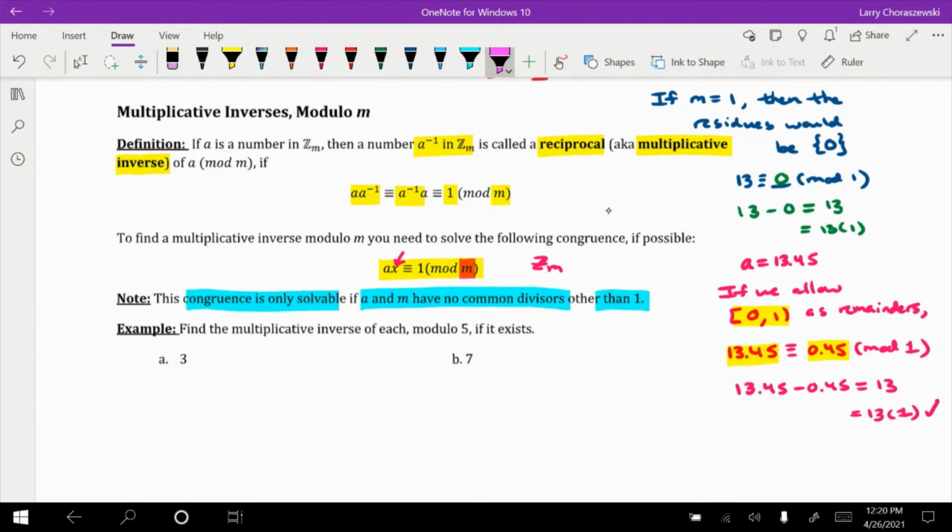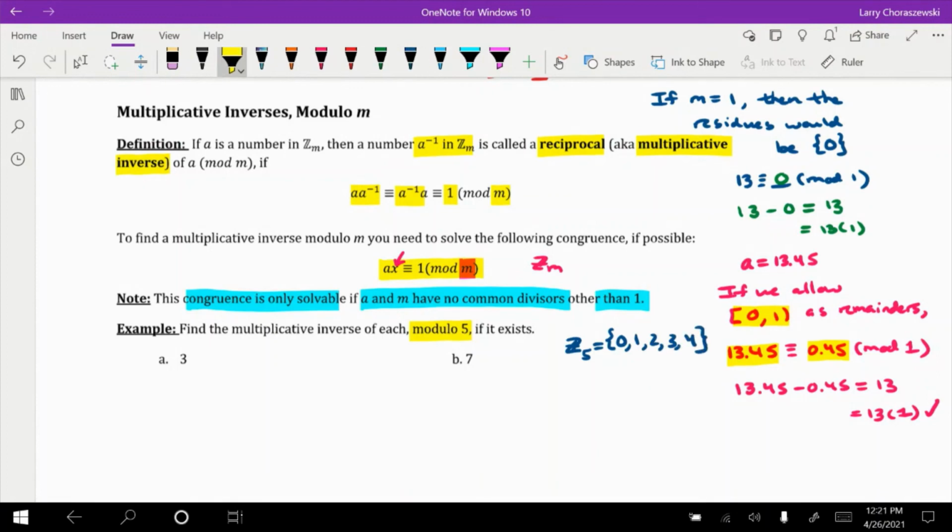Now, in this example, we want to find the multiplicative inverse of each number modulo 5. Now, let's keep in mind what modulo 5 looks like, the set of residues that is. That's going to consist of the remainders 0, 1, 2, 3, and 4.